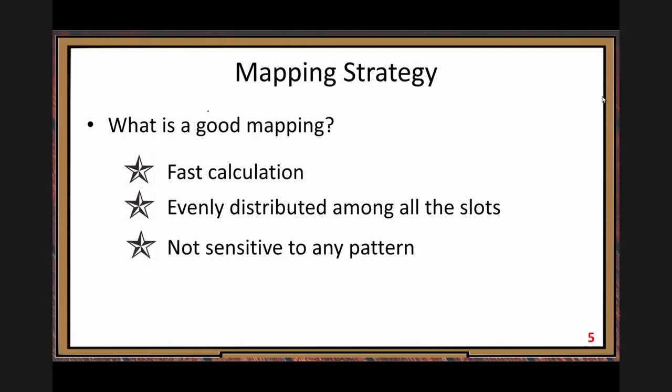Another requirement: not sensitive to any pattern. Because the given keys could follow certain special patterns. You don't want to design some mapping algorithm that, for some of the patterns, performs well and distributes evenly, but for some of the special patterns, is very bad.